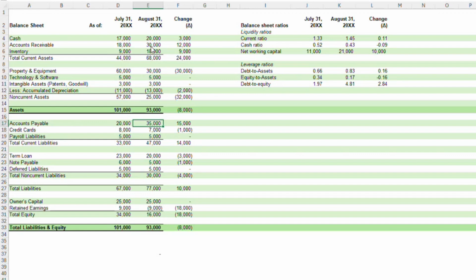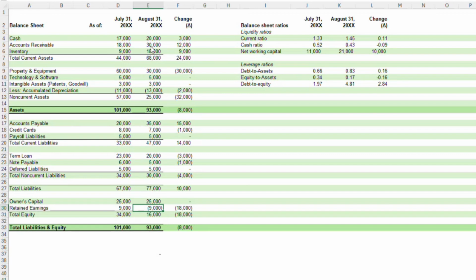And the one other thing that I want to point out about this one is that in this case, we actually have negative retained earnings. And that means that over the life of this business, a couple of things could be happening here. You've withdrawn more than you have in retained or accumulated earnings, or you have sustained losses.